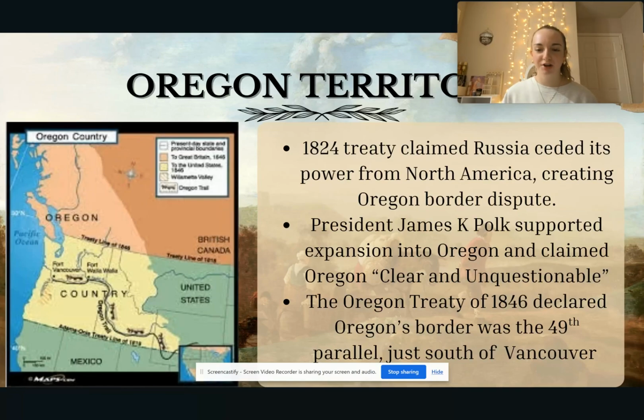So in 1846, the Secretary of State James Buchanan drafted the Oregon Treaty of 1846, declaring that Oregon's border was the 49th parallel just south of Vancouver, which is this line right here, which ended the entire dispute, just setting that border right there.